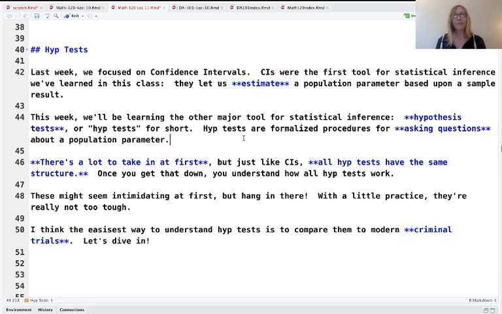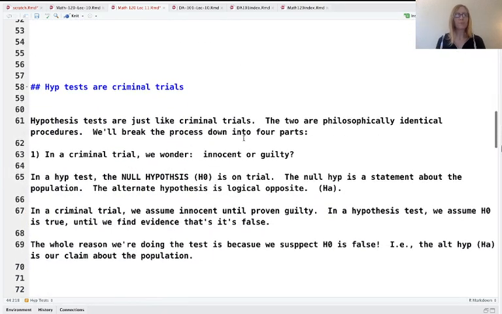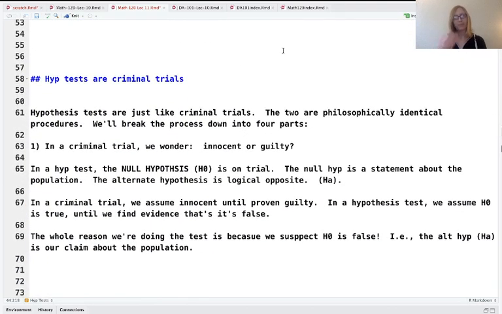Maybe you've seen a movie or a TV show that features criminal trials. So I hope that by connecting hypothesis tests to criminal trials, it'll help you understand what's going on. First, I'm going to break this up into 4 important steps. Every hypothesis test that we do for the whole semester is going to have 4 important steps. Let's break it down.